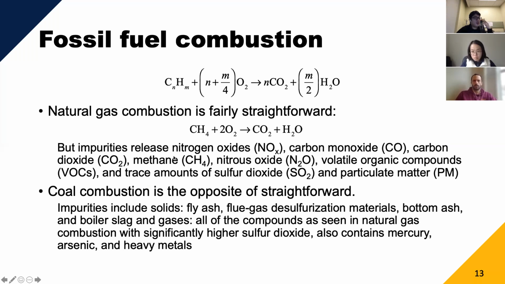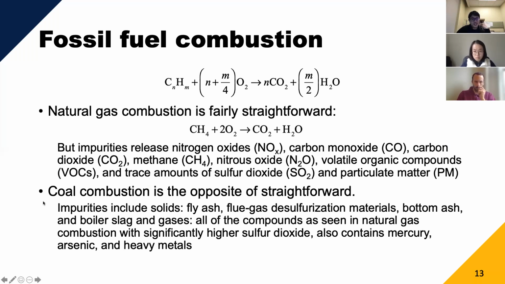And then you also have compounds that are local air pollutants, which lead to health problems for people who might be breathing these compounds, or byproducts of the compounds once they react in the atmosphere. These include things like NOx, carbon monoxide, sulfur dioxide, volatile organic compounds, and particulate matter. Those are bad local air pollutants.